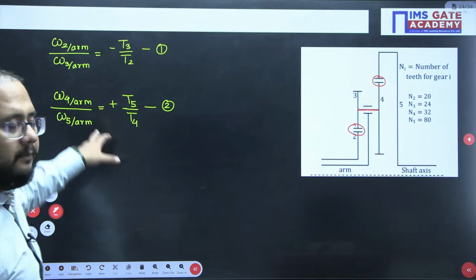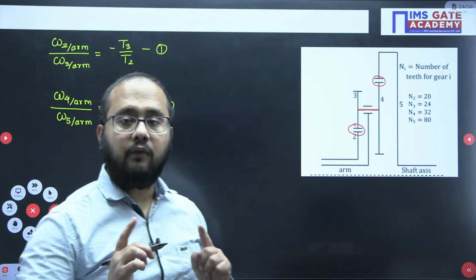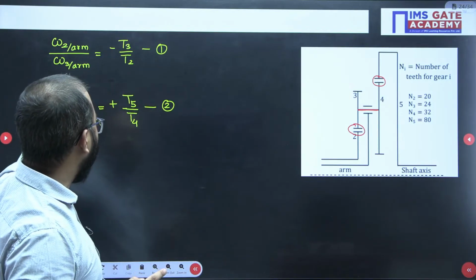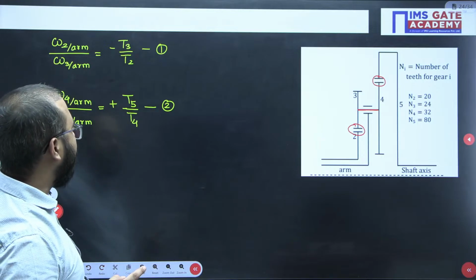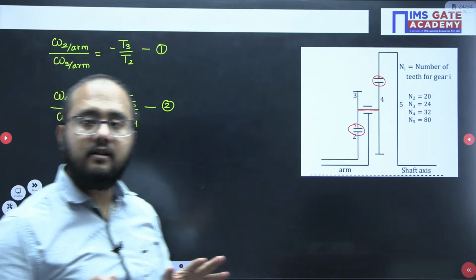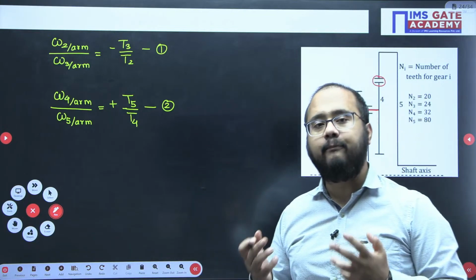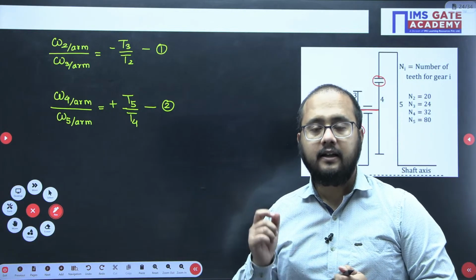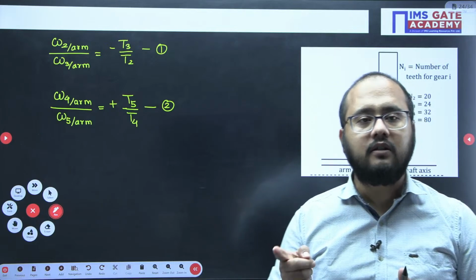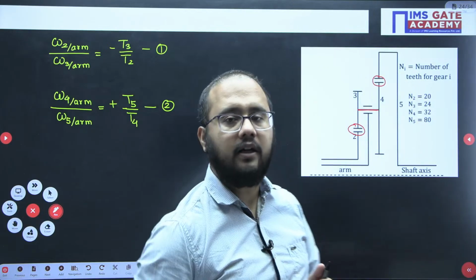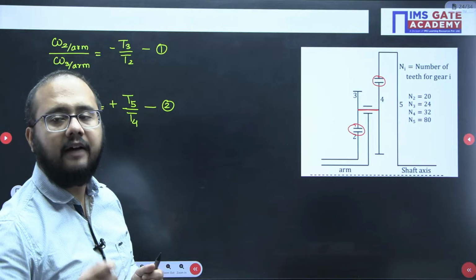Now, if I multiply both these equations, you will find that omega 3 with respect to arm and omega 4 with respect to arm get cancelled out because both have the same value, since gear 3 and 4 are a compound gear. Gear 3 and 4 are a compound gear because both gears are mounted on the same shaft, so obviously they have the same angular speed.